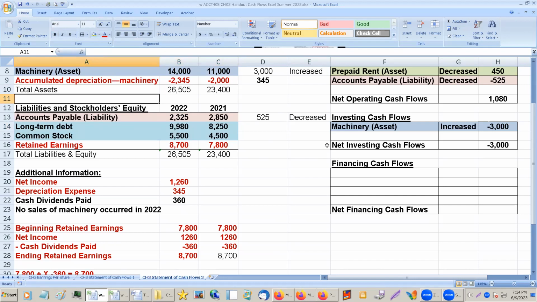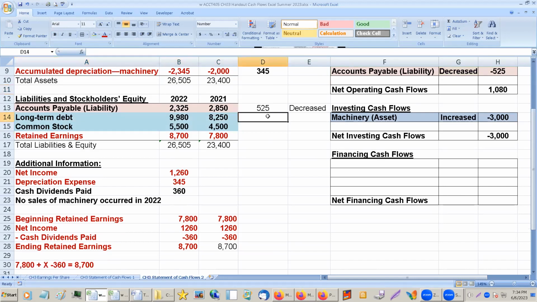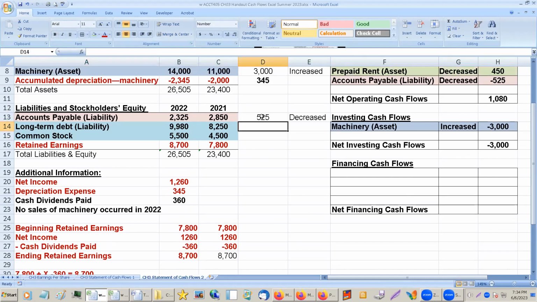Okay, so let's take long-term debt. Now, this is a liability, just like the one above it. It's a long-term liability, but the liability rule is still there. My cat's barking upstairs again.